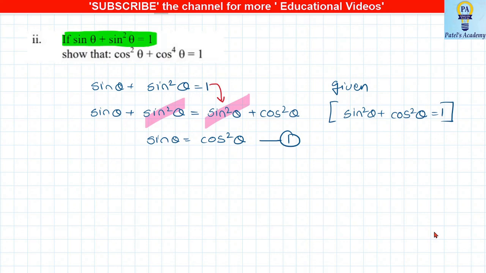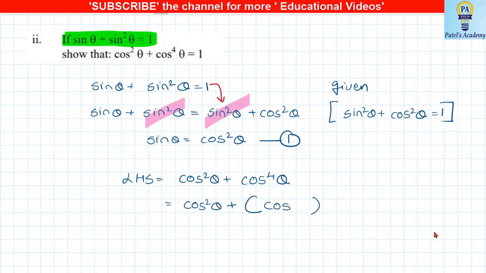Now we have to show, what do we have to show? That cos square theta plus cos raised to 4 theta is 1. So let me start with LHS. LHS is cos square theta plus cos raised to 4 theta. Let me write cos square theta as it is. Now can I write cos raised to 4 theta as cos square theta, whole square? Yes.